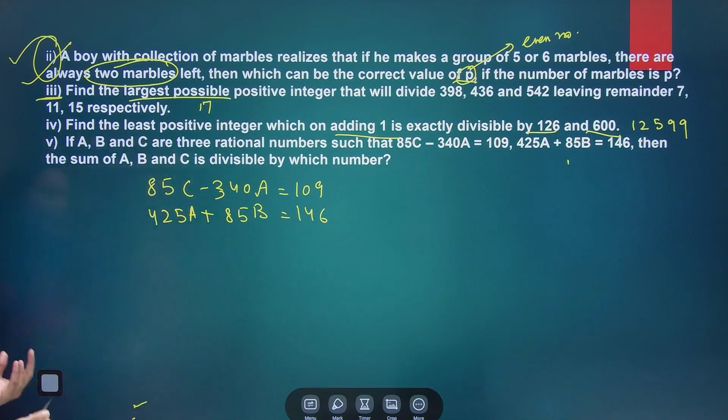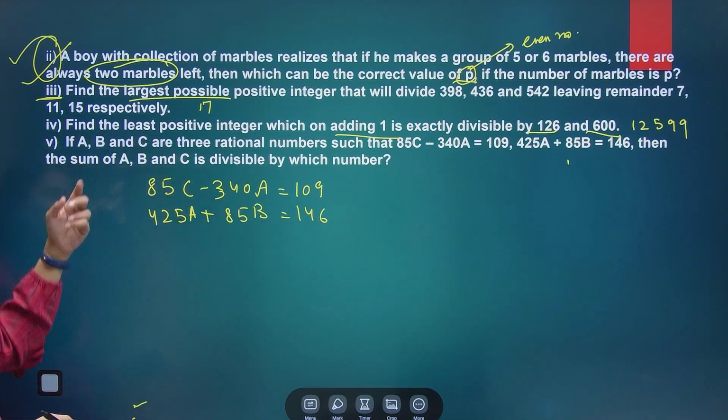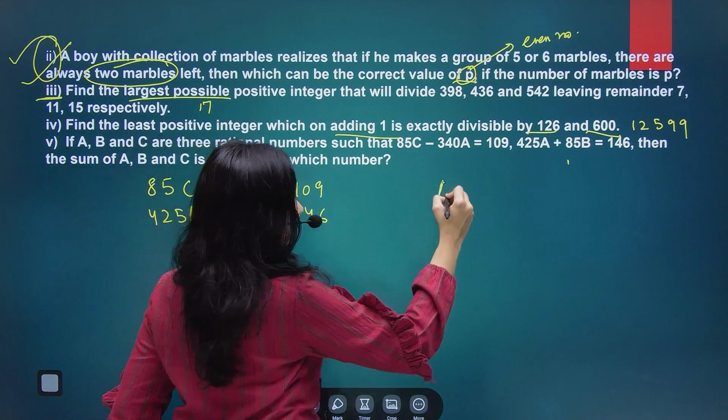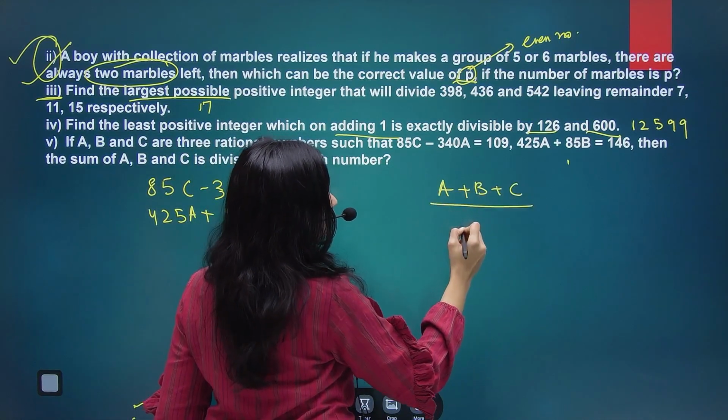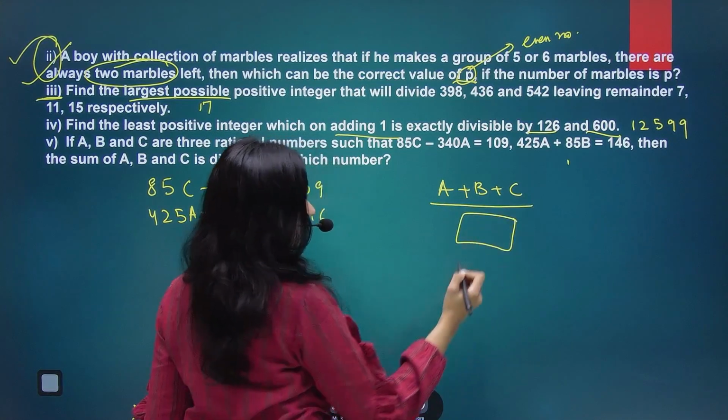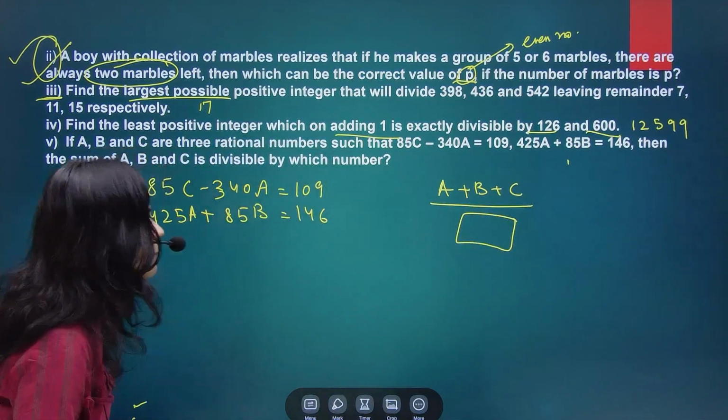Then the sum of A, B and C will be divisible by which number? Completely divisible by which number?